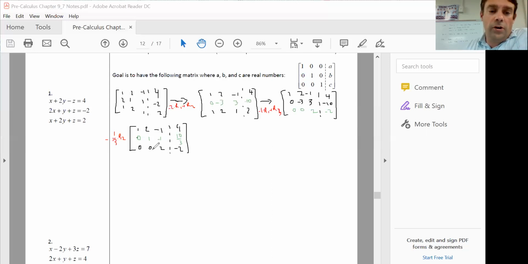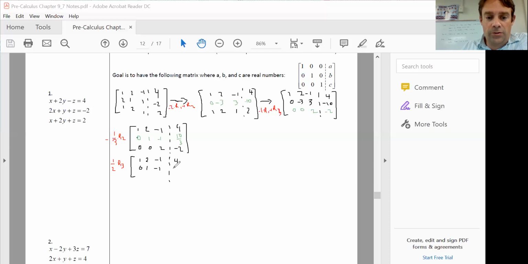Notice I already got a 0 underneath my 1 in my second column, so I can just move right on down to the third one. I don't have to stay there. And by the way, guys, I use a different row for myself on my paper. I don't usually keep going across. I do little things like this just to help keep me organized, because I know that when I start going, it's very easy for me to lose track of what I'm doing.